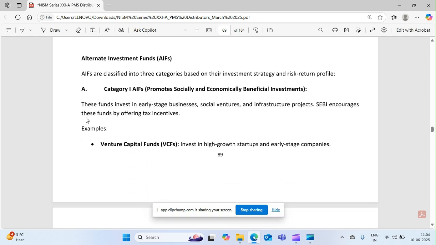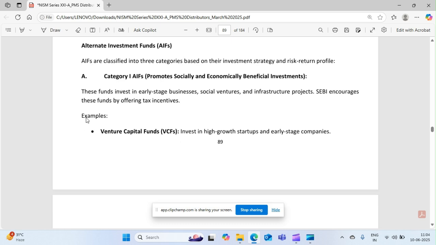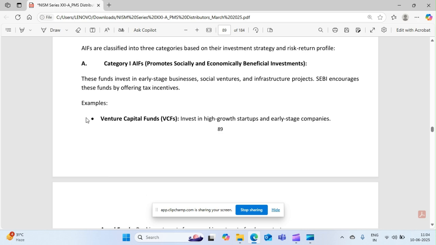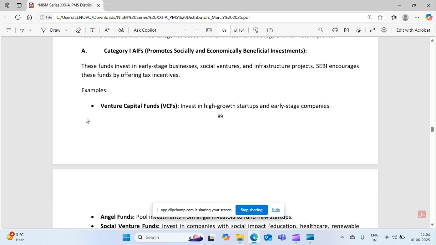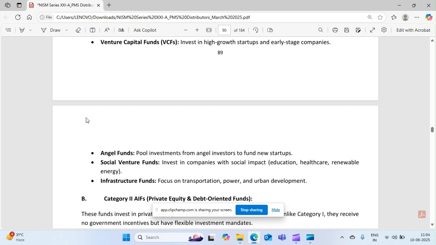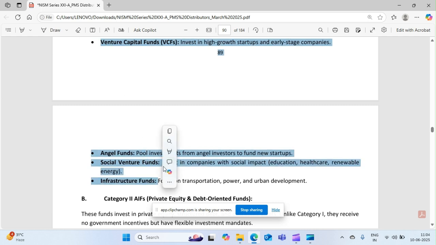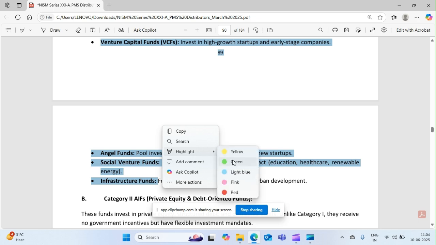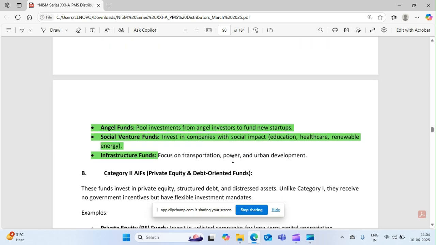So they are category one. Okay, they invest in early stage businesses, social infrastructure, and social ventures and infrastructure funds. So these are the types. So sometimes in exam, what happens is you will be asked a question. Social venture funds are which type of AIF? So you should know, right?